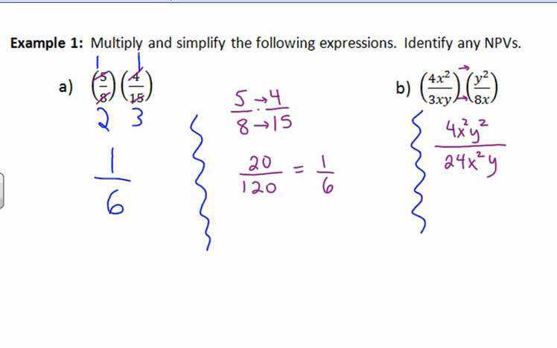Then we can reduce. So 4 and 24, what can you divide both of those by? 4. So 24 divided by 4? 6. What happens with our x squareds? Cancel. And then a y squared divided by a y, just a y where? On top. So y over 6. What are our restrictions?